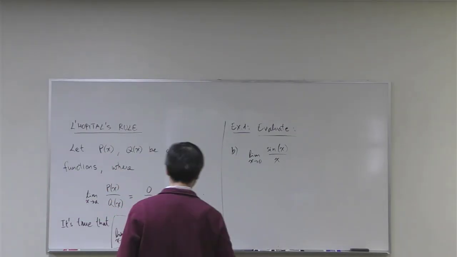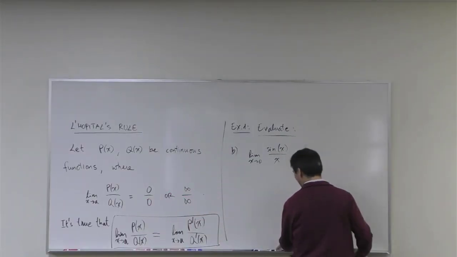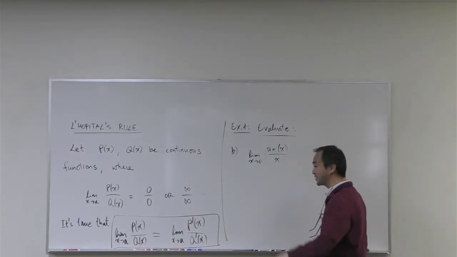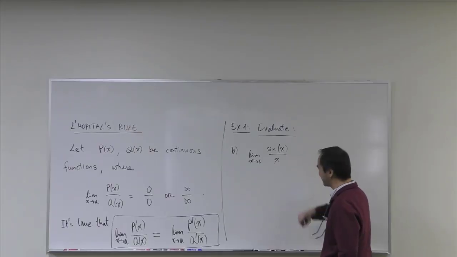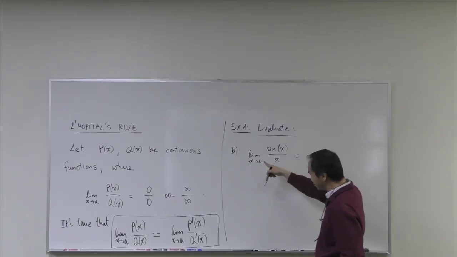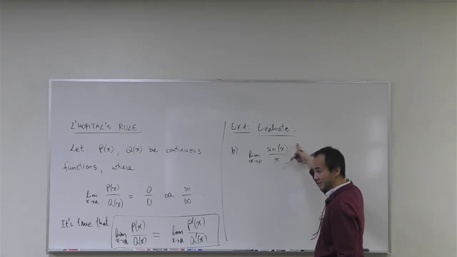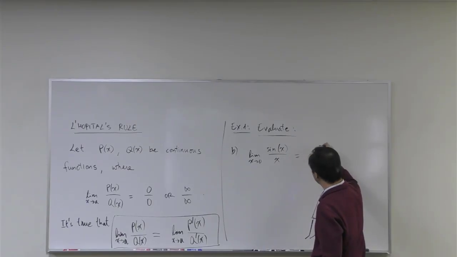Because here's the thing. Whatever I said about it being a special limit, and tried to make you remember throughout the quarter, here's the thing. According to limit laws, right? Sin of x is a continuous function. You guys agree? Okay, so when x gets close to 0, it gives me a sine of 0. You guys following? Okay. And when x gets close to 0 in the denominator, it gives me a 0.